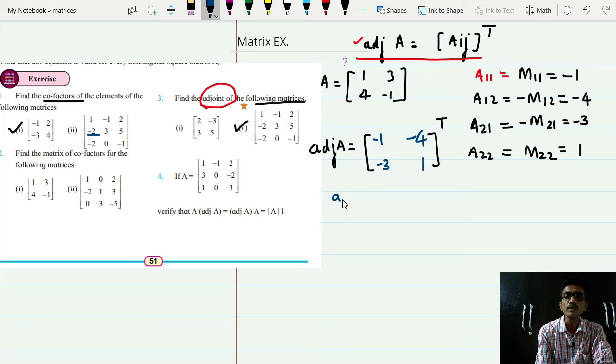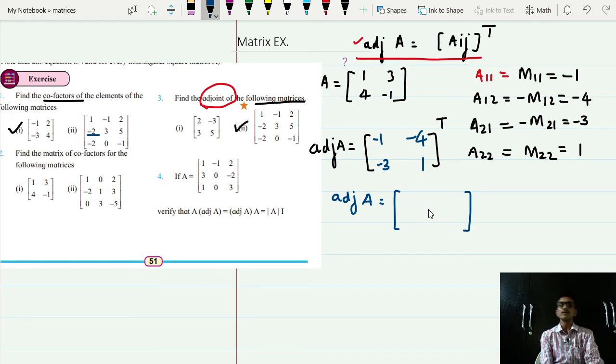So we take the transpose of this matrix. That means we interchange all rows and columns. So first row will become first column and second row will become second column.